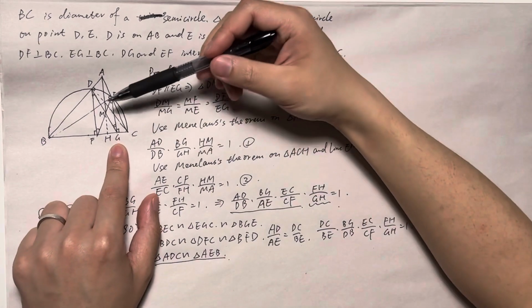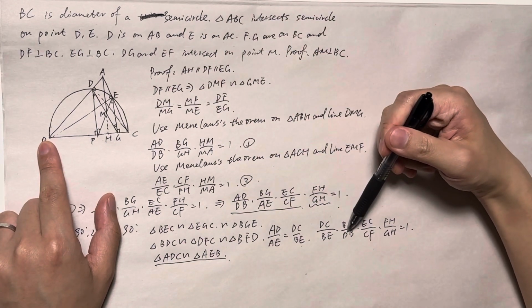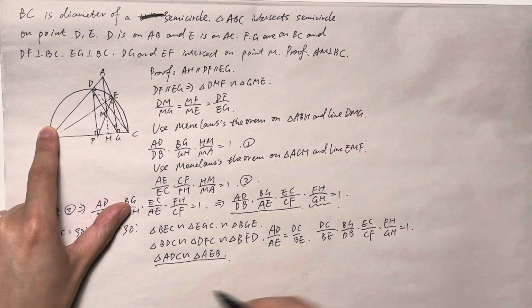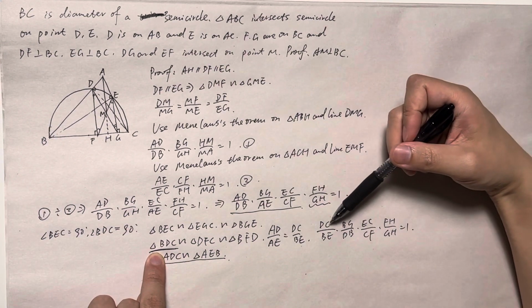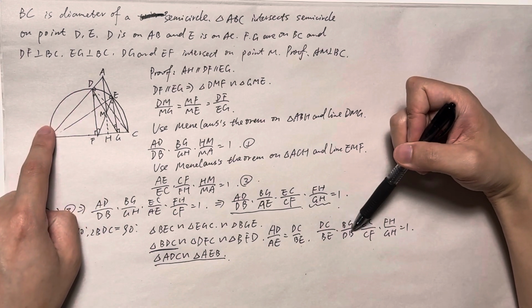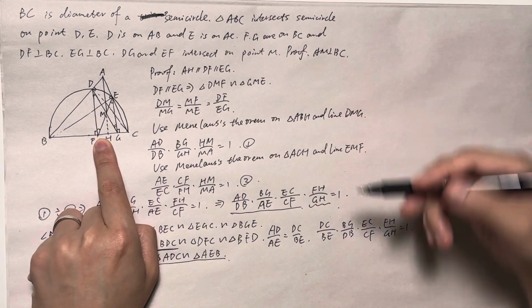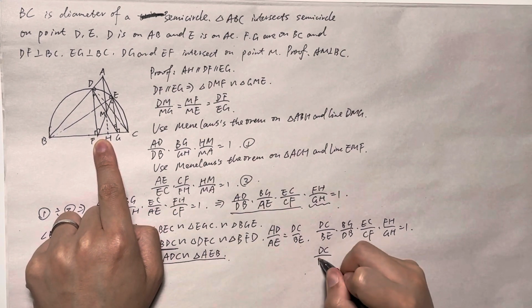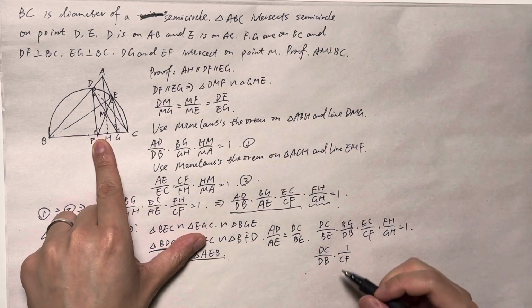Now we look at it again. We have DC divided by DB, that's in triangle BDC, right? And we have the term CF. So we take these three together, DC divided by DB times 1 over CF.